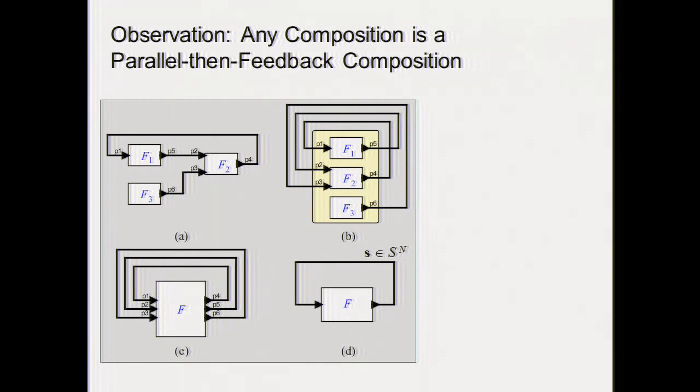Okay, so anyway, no matter how complicated your system is, you can always reduce it via a series of parallel compositions to be a system with a feedback on top of it. Now, if you don't have feedback, hallelujah, but 99 out of 100 systems of interest do have feedback.